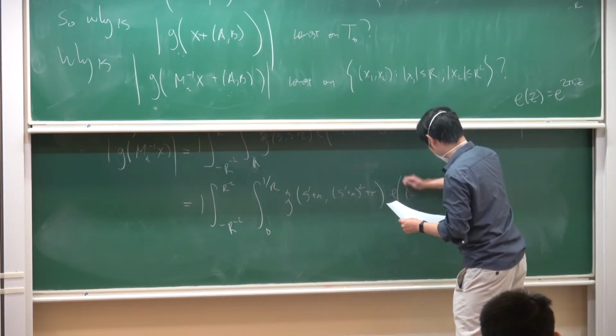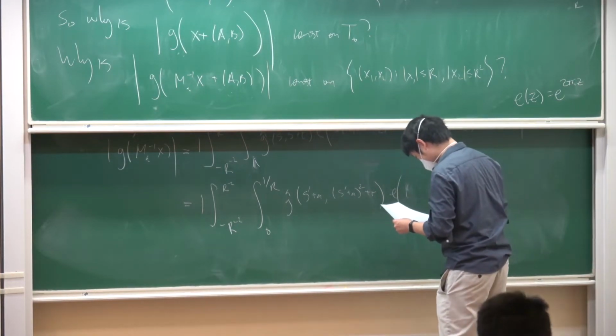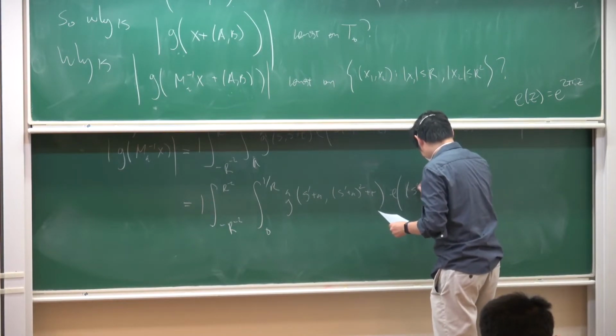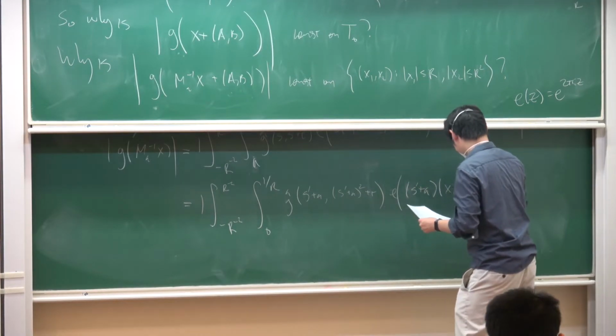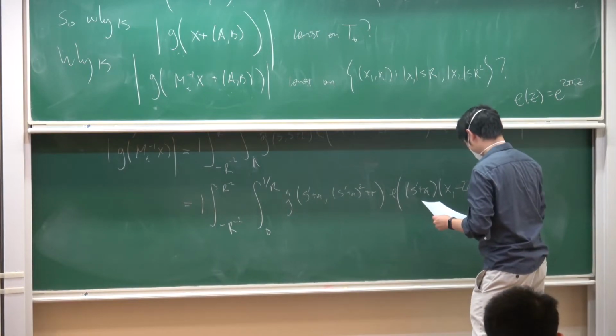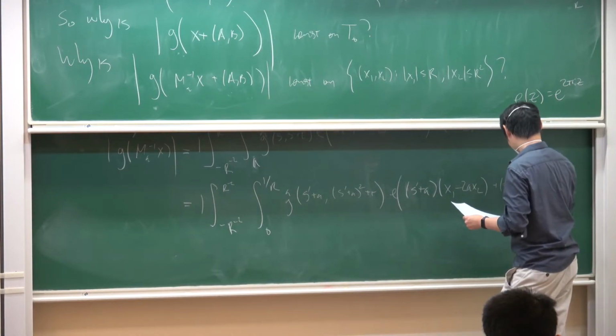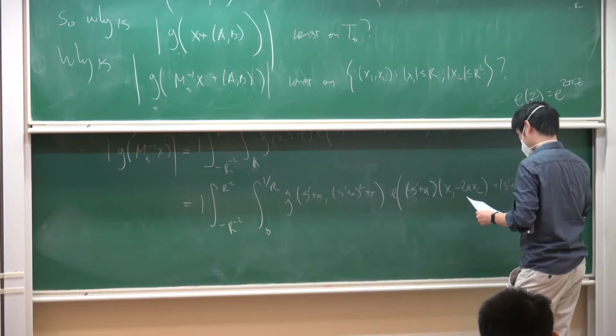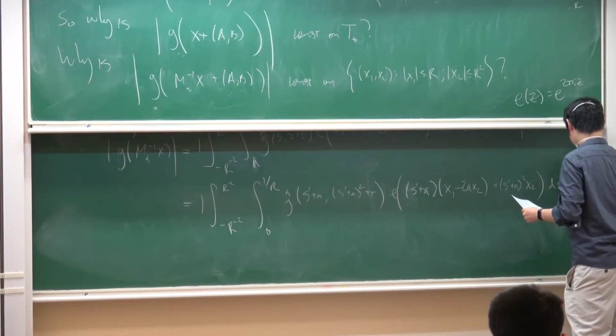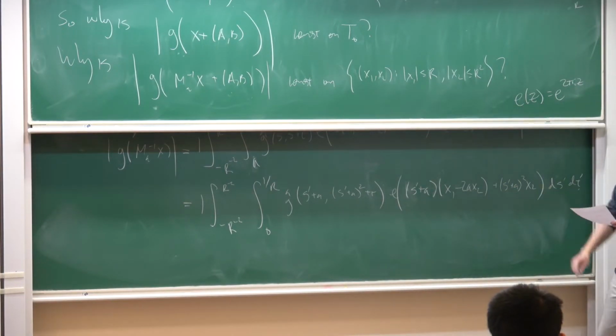Oh, I see what I did. Okay, let's do it slowly, and then we can just do it. ds prime dt prime, okay, so all I've done is put the a in.